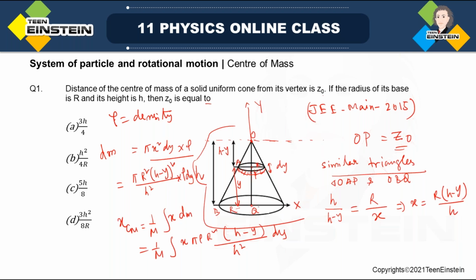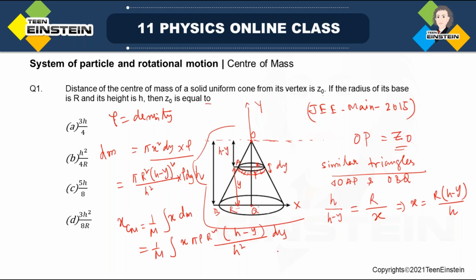If Q is the origin, then the center of mass coordinate x is 0. That means the center of mass is on the y axis, not on the x axis.